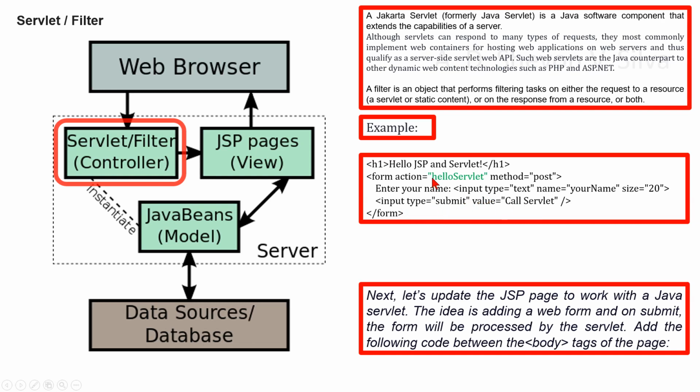The action attribute of the form specifies the URL that handles this form's submission. In this case, we specify the path, which is relative to the application, and it points to the Java Servlet which we will create.